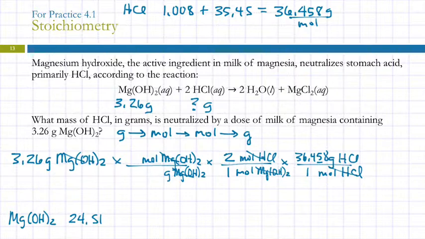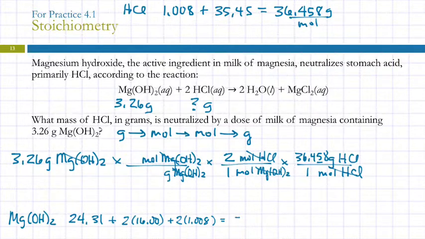24.31. Okay. 1 magnesium, 2 oxygens, and 2 hydrogens. 58.326.